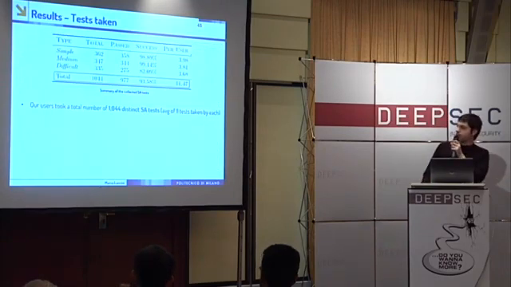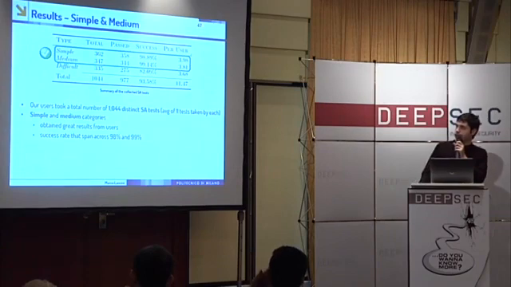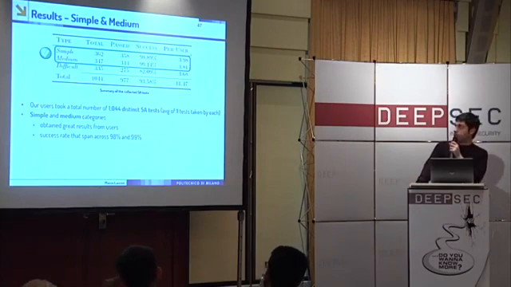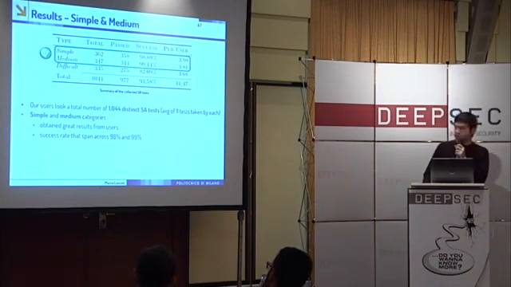Our users took a total number of 1,044 distinct tests, and what we saw for the simple and medium categories is that they obtained great results from the users, with a success rate that spans from 98 to 99%. So not only the simple category that is used now by Facebook, but also the medium one with photos of poor quality is still usable by humans.